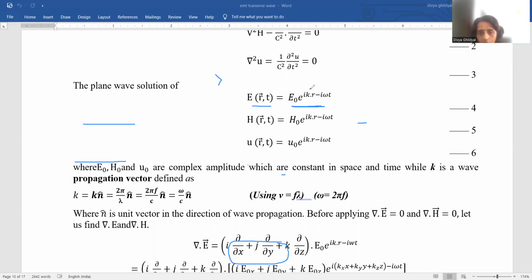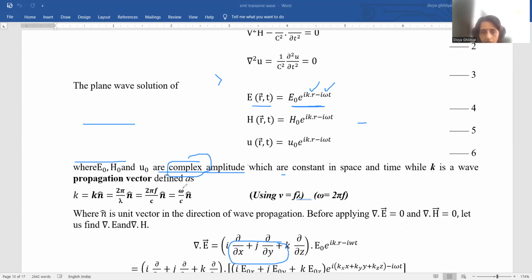K is your wave vector, omega is the angular frequency, and because of this i it becomes a sum of real and imaginary components. E naught, H naught, U naught are complex amplitudes. Complex means consisting of a real part plus an imaginary part, cos theta plus i sin theta. And they are constants in space and time.